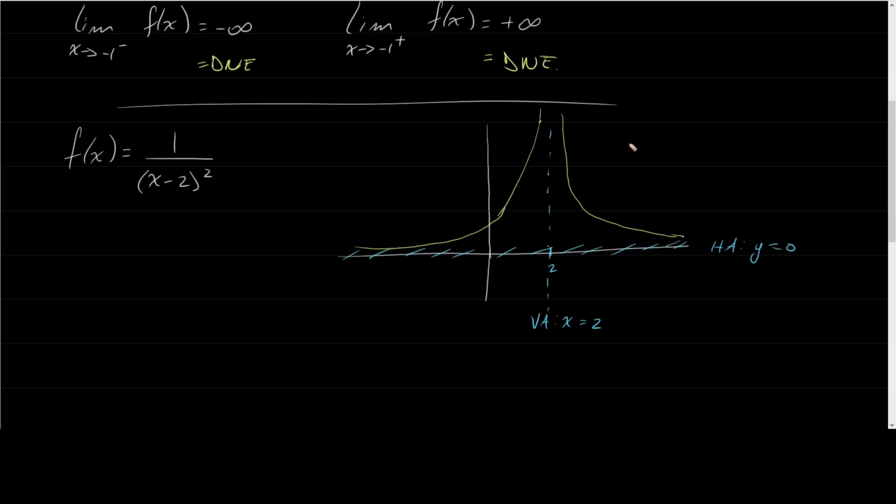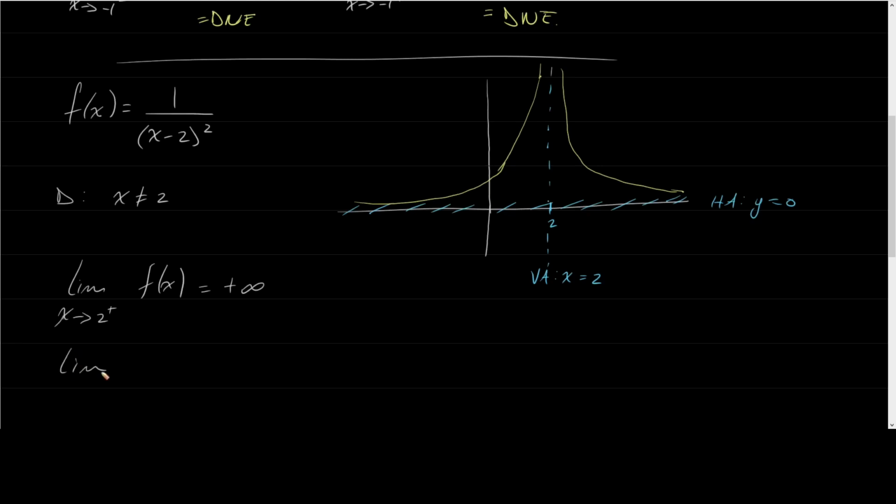Again, we want to find out what this behavior is around this asymptote. We know that the domain is that x cannot be equal to 2, so we want to find out what's happening near there. And we already know that that's an asymptote. So let's figure out algebraically why this would be going to positive infinity. The limit as x goes to 2 from the right of our function is positive infinity, and the limit as x goes to 2 from the left of our function is also positive infinity.